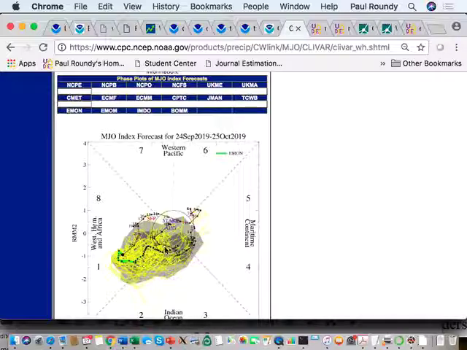But computation of the RMM index requires removal of the low frequency signal first. But the low frequency signal is changing. So the recent time mean, say over the last 120 days, is not an appropriate time mean for removing the signal today.